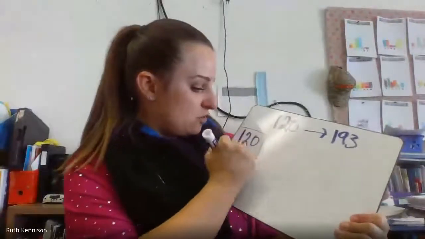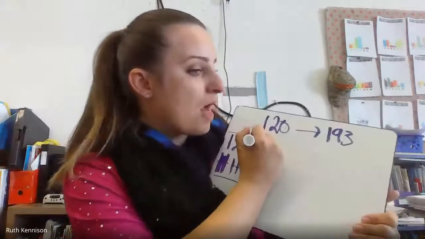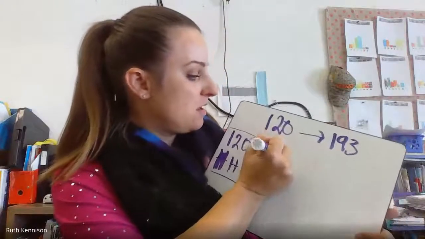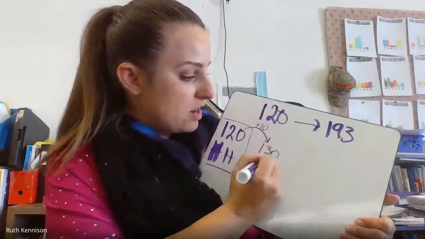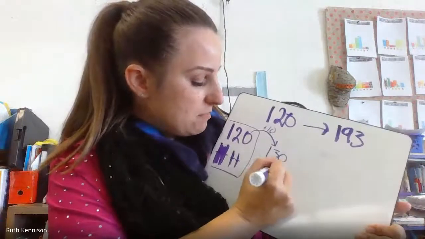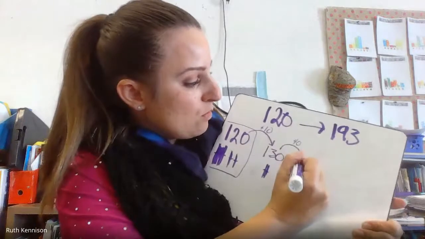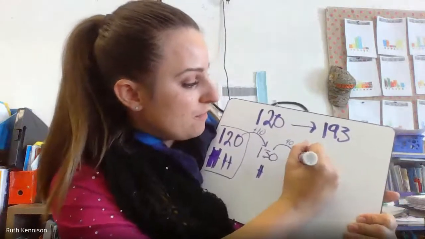120. So that's my starting point. Now I'm going to go by tens. Plus 10 gets me to 130. So I would do another little 10 bundle down there. Plus 10 gets me to 140, and I do a little 10 bundle.